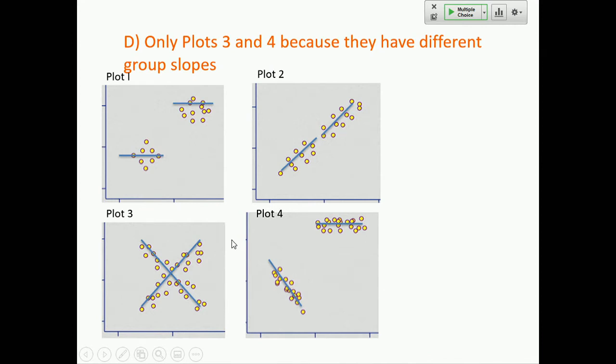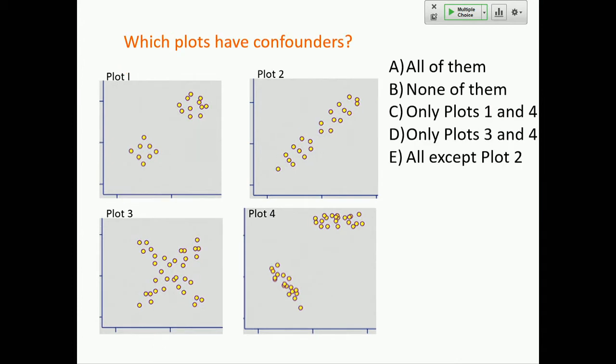Now, this is going to be a hard one, but let's see if you can get it. We might as well try it. I'm going to ask which plots have confounders. I don't expect you to get it right away, but just see if you can figure it out. Remember, there is an overall slope, and that's different than the average of the two group slopes. Here's an overall slope.